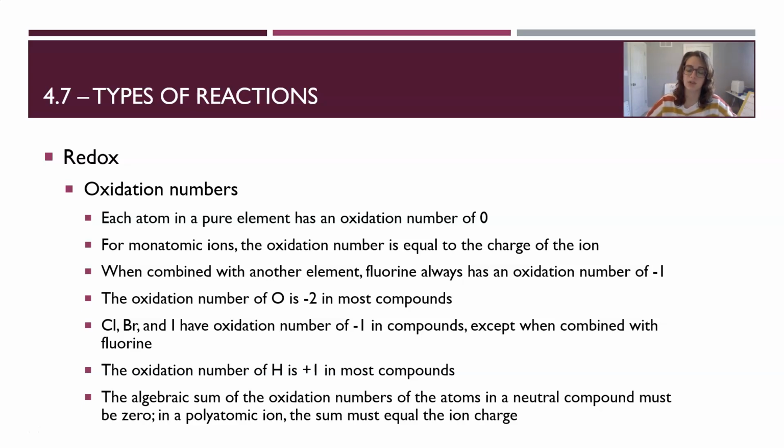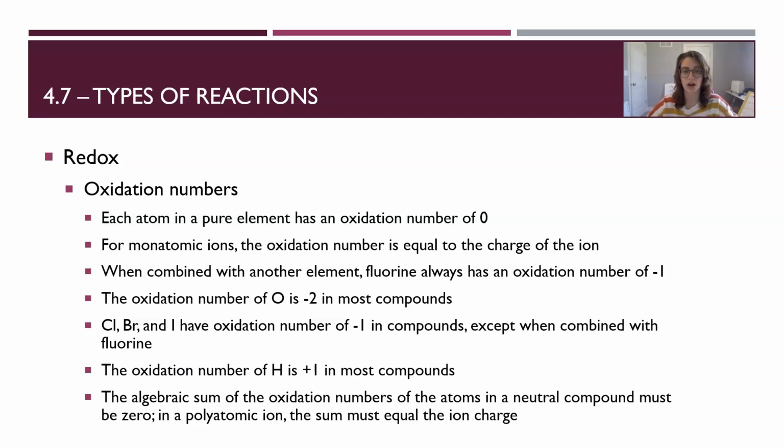And then from there, you can figure out what numbers have changed. Keep in mind that in the end, if you have a neutral compound, all the oxidation numbers have to equal 0. If it's a polyatomic ion, so it has a charge, then all the oxidation numbers added together need to equal the charge of the ion.